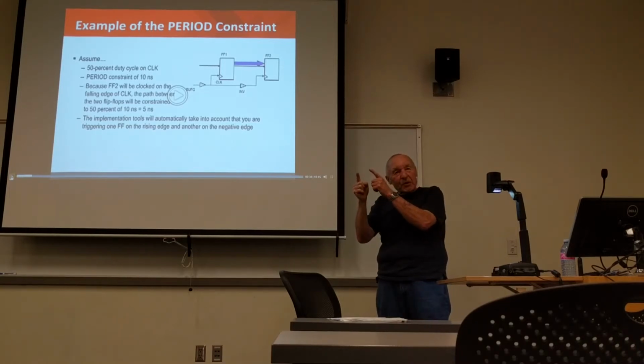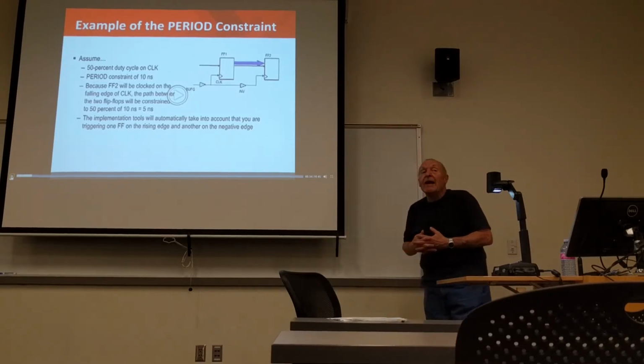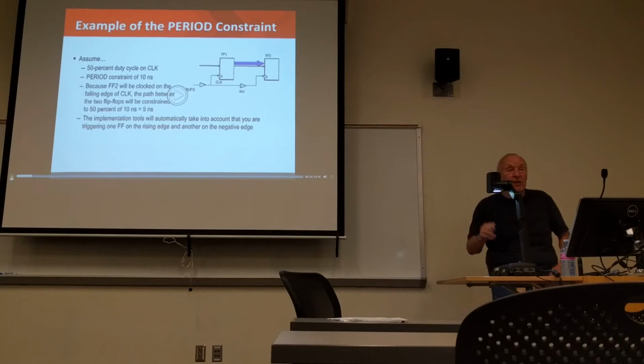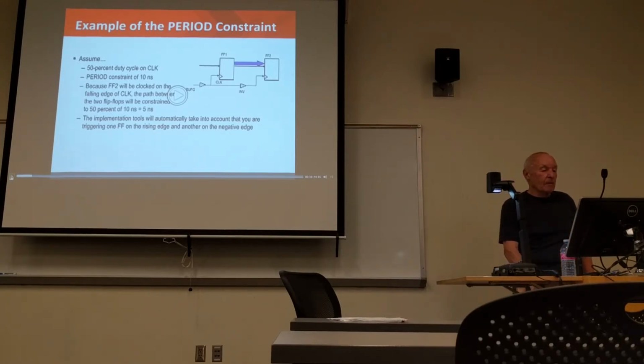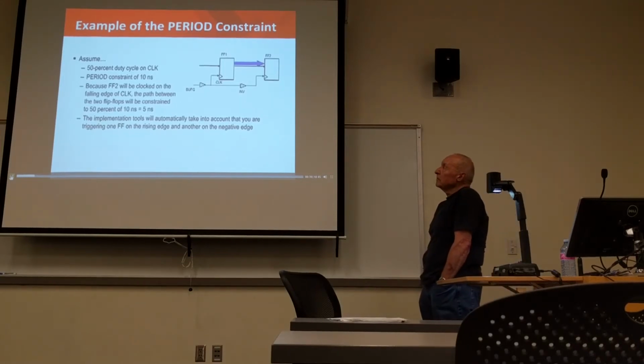The time difference between the leading edge and the trailing edge is 5 nanoseconds. So you have a 5 nanosecond period constraint, not a 10 nanosecond for this particular design. It will report the delay path as being constrained to 5 nanoseconds, not 10. No big deal, except if you did not realize that you were toggling off the negative edge, this might pleasantly surprise you if the tools were thinking about your design and trying to anticipate a problem.